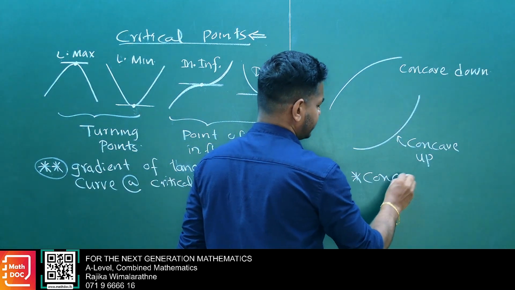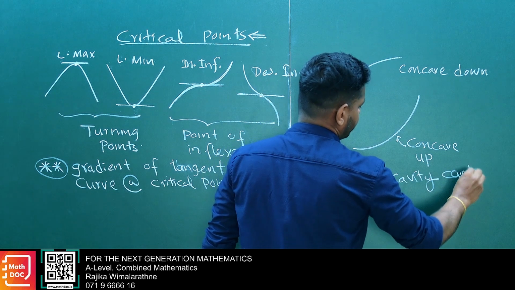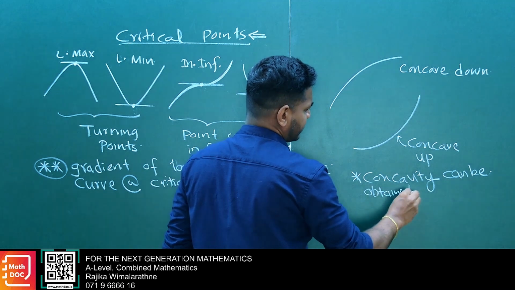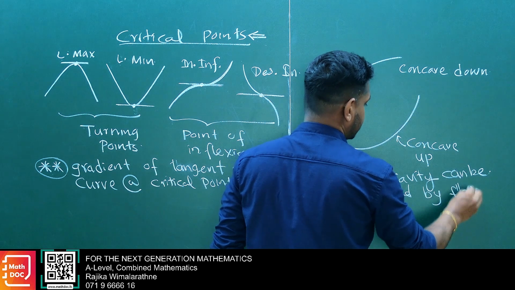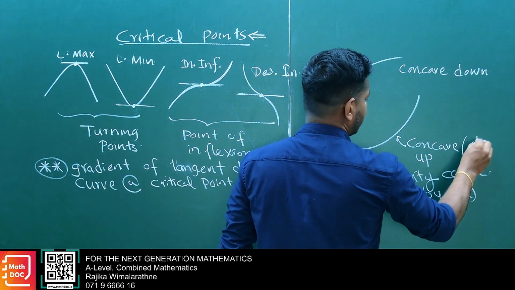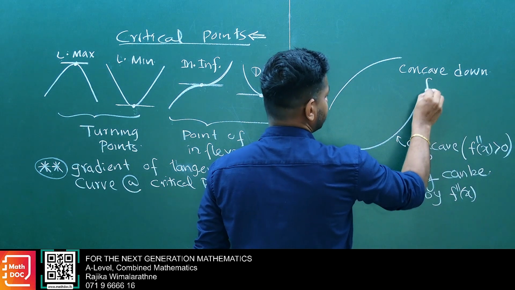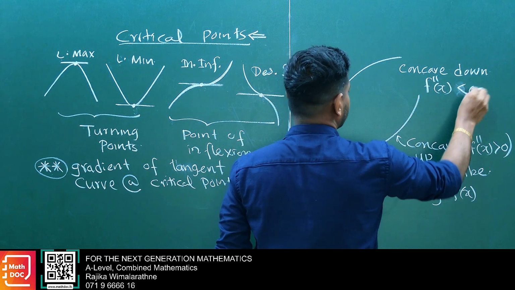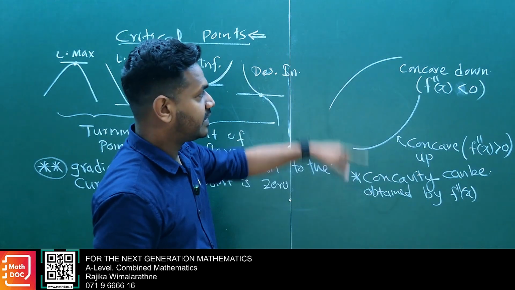Concavity can be obtained by f double dash x, second derivative. Here for concave up case, f double dash x positive. Concave down case, f double dash x negative. Okay.